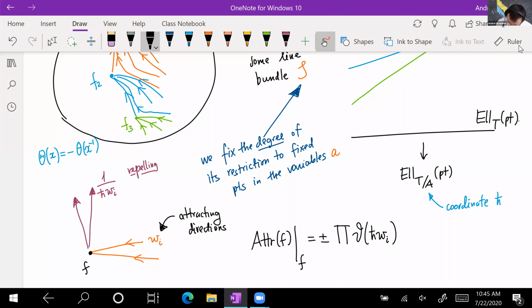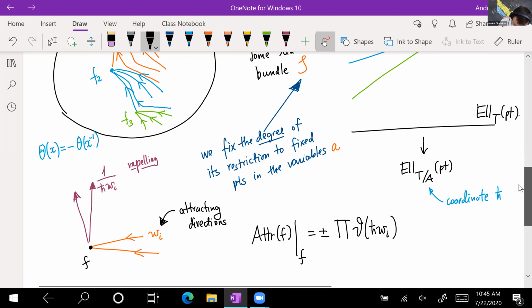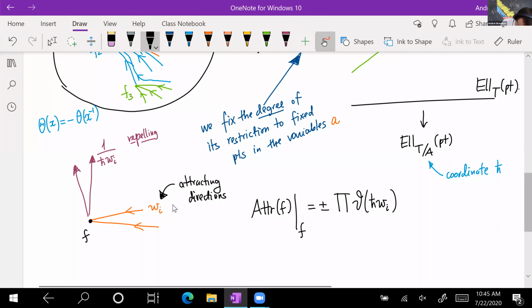And in the variable a, the Wi's are characters, so these are weights of my torus A. In particular, this Wi is my variable Ai raised to some power, maybe called mu.